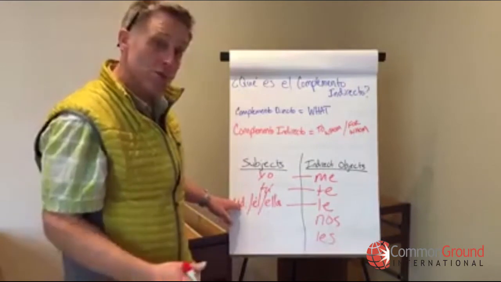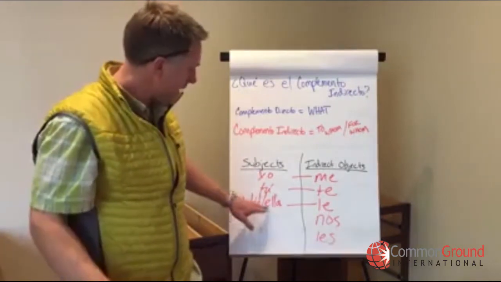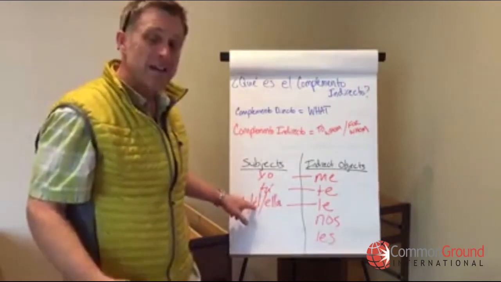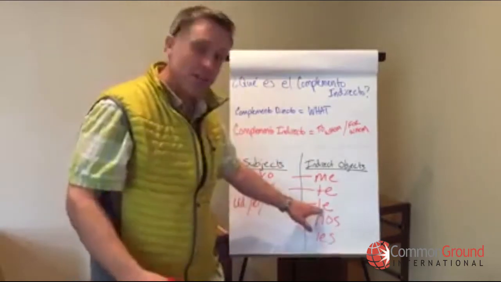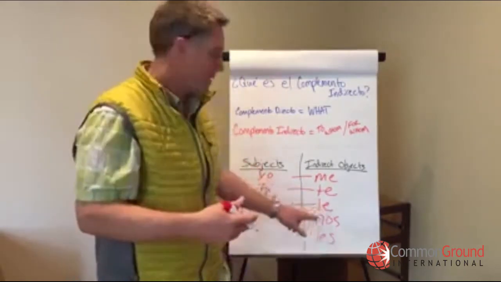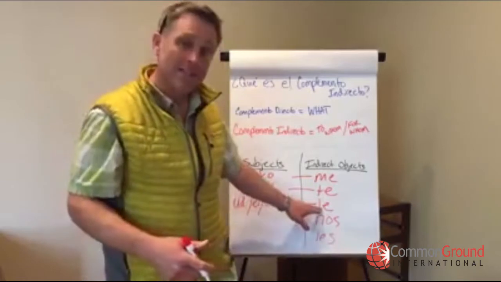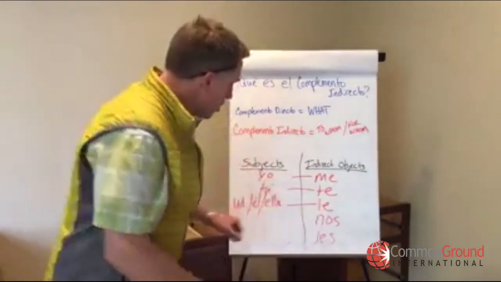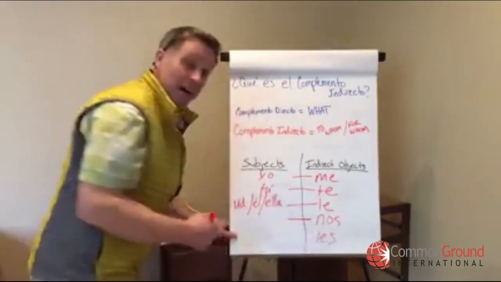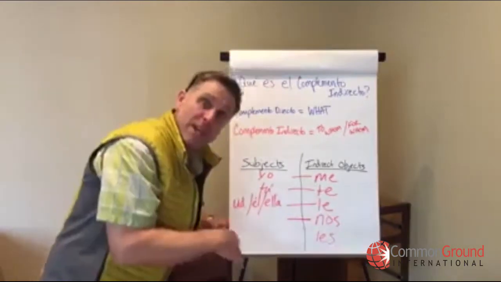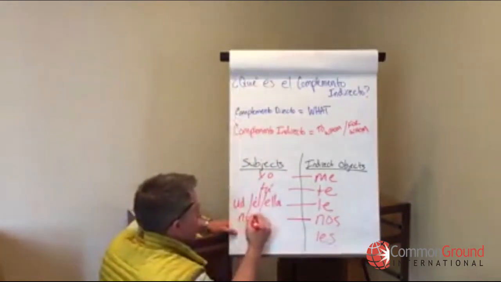Usted is you, so very similar to this one. Él and ella, so él is he, but when it's the object, it's him. Ella is she, but when it's the object, it's her. Nos is us, but it relates to the subject we, which is nosotros.